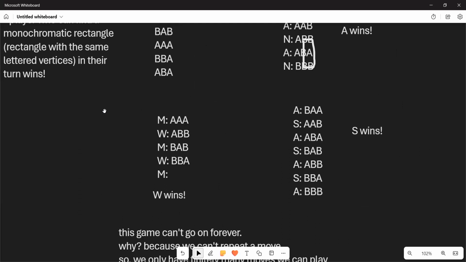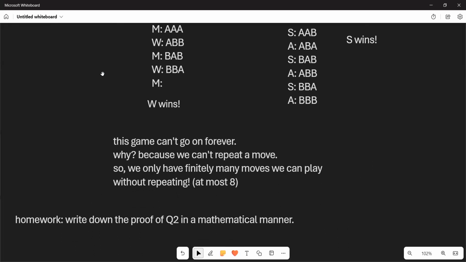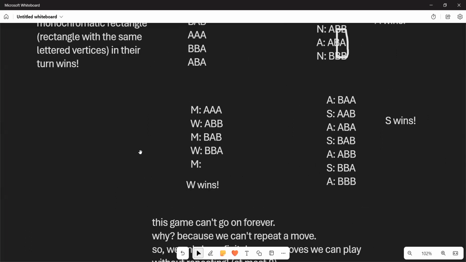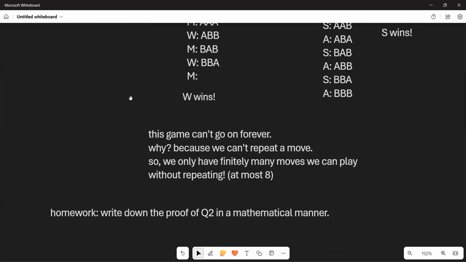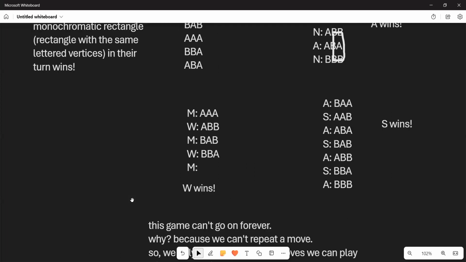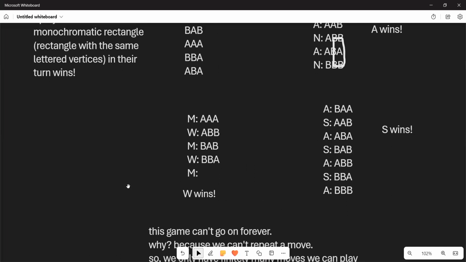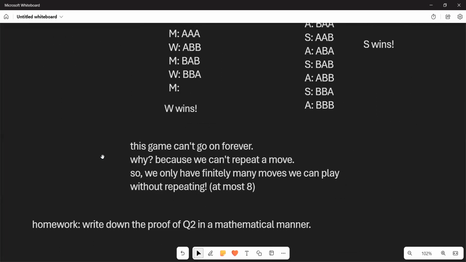So, like with variables? Not necessarily, but it just has to be rigorous, something that you could write in a math exam. Yeah, great question. Okay. Anything else? Shall we move on?